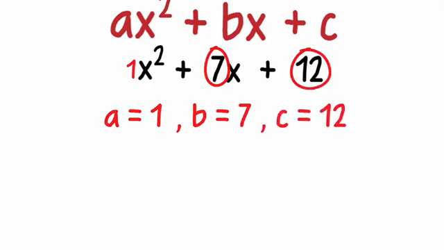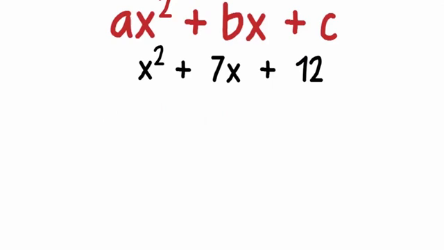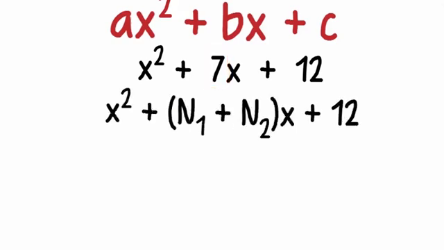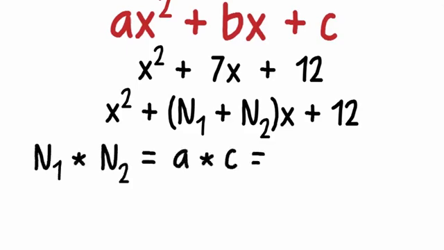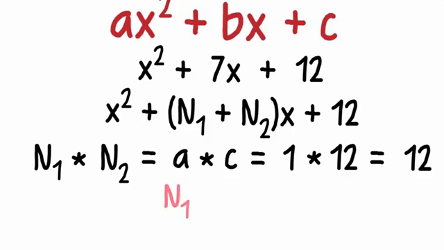One of the ways in which we factorize polynomials was by splitting the middle term. The technique was easy. We first write the coefficient of the middle term as the sum of two numbers n1 and n2, such that their product equals the product of a and c.